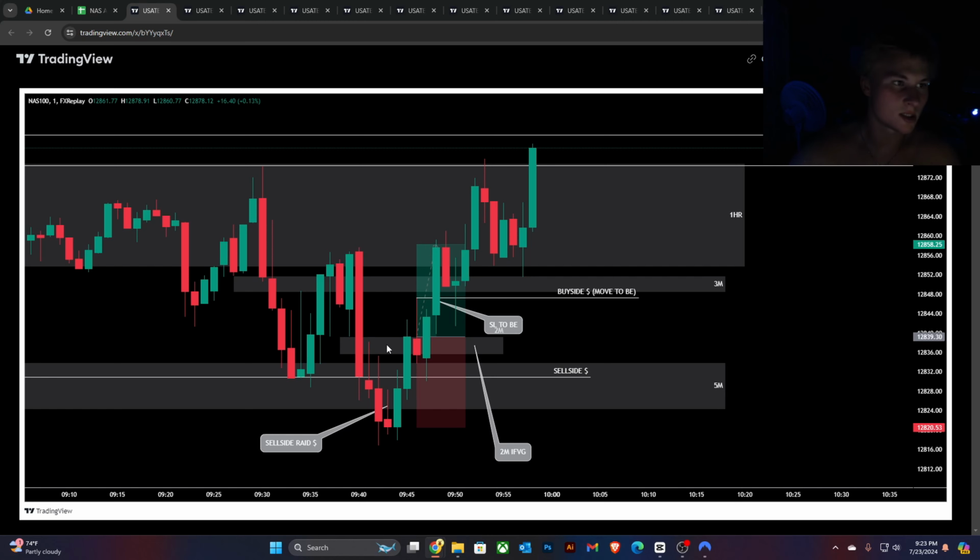With these inverses, I also used to take partials and leave runners, but I've noticed it's not really worth it for me personally, unless it's a small partial and then leaving more of the position to run. What I used to do was close 50% of my position at 1-to-1 and leave the rest to run to 1-to-2.